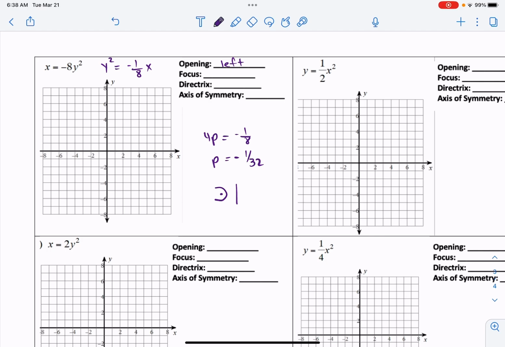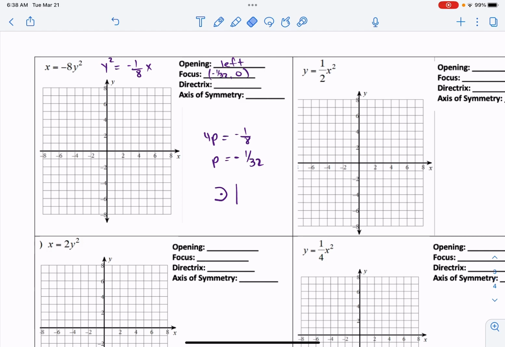The focus means you're moving from the center, and remember from our vertex, which is 0, 0, we're going to move left. So that means this would be negative 1/32, 0. And then from there, we need to get the directrix.